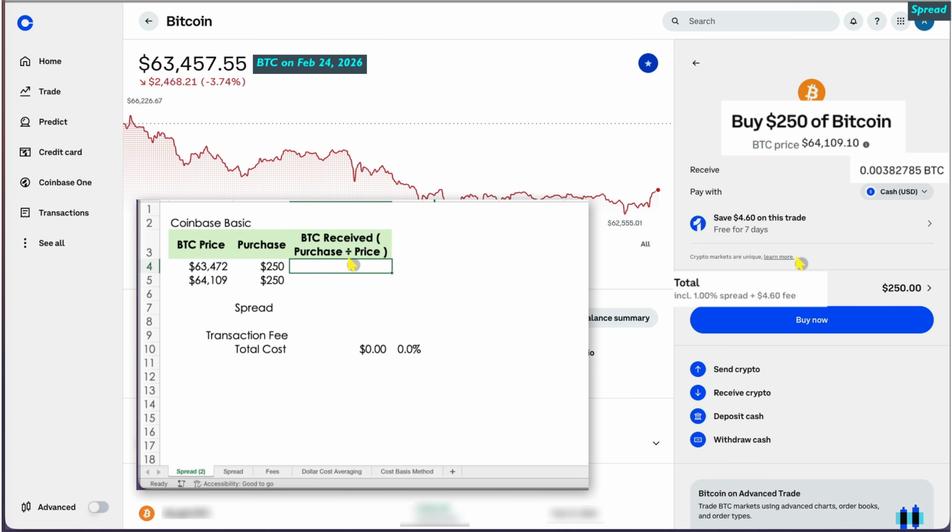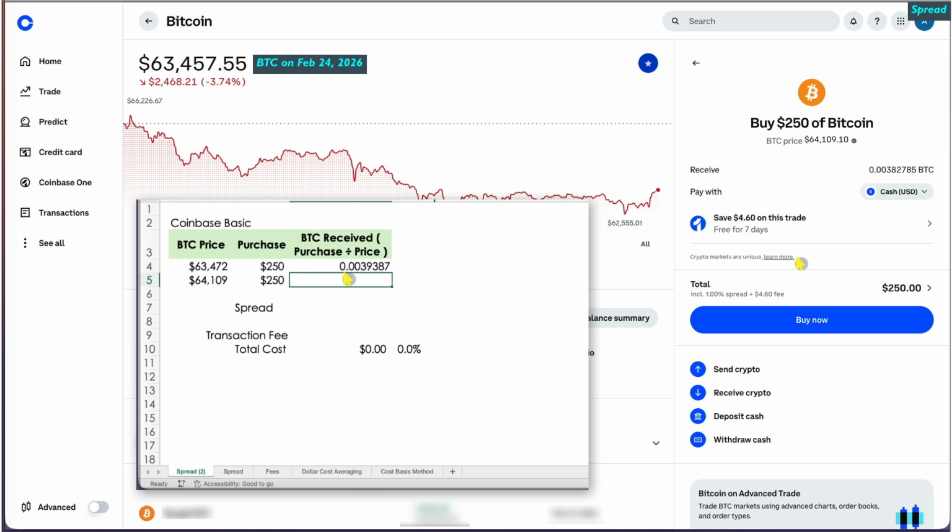If I divide 250 by 63,472, I would receive 0.0039387 of a Bitcoin. But because Coinbase is using the spread price of $64,109, I receive 0.0038996.